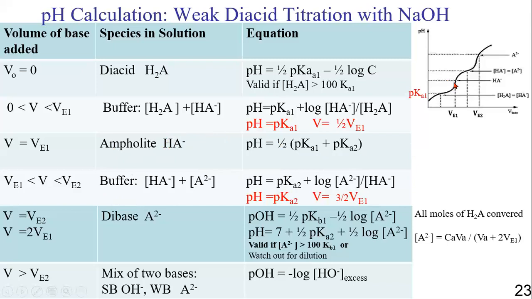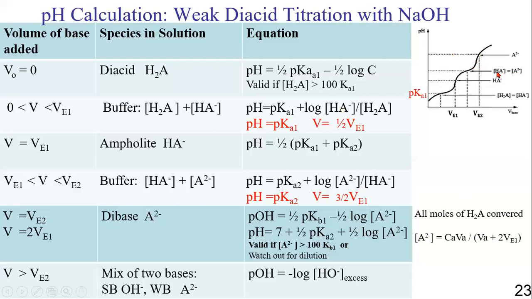So I'm at this equivalence point right now, and now I have a new reaction taking place. Now we have HA minus, which is going to be converted to A2 minus. In this region, it's like another curve altogether, another type of monoprotic titration, if you will. So HA minus, as I add more OH minus, is going to become A2 minus.